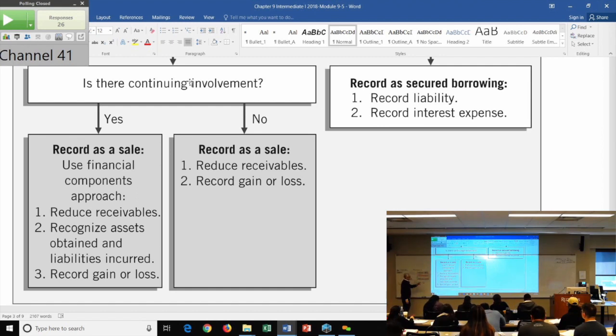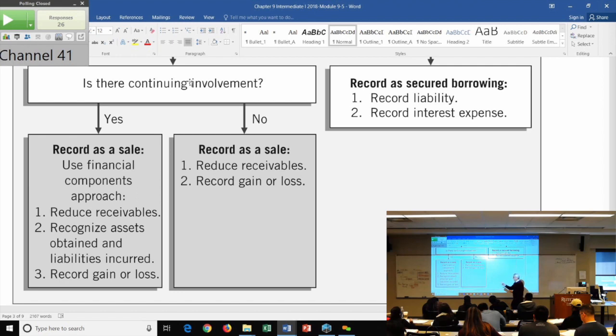We use something known as a financial components approach because we have to recognize the receivables coming off the books. You'll see this in a journal entry in a moment. Recognize the assets you receive from the factor and the liability. The liability here is going to be an estimated recourse obligation. So you're going to need to estimate how much you may be liable for if the accounts are uncollectible.